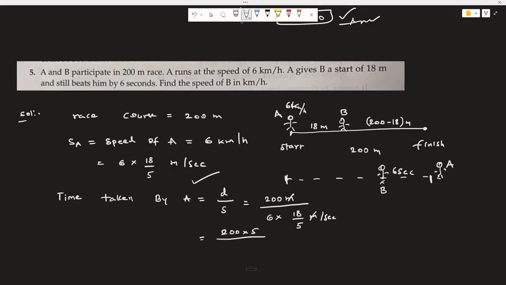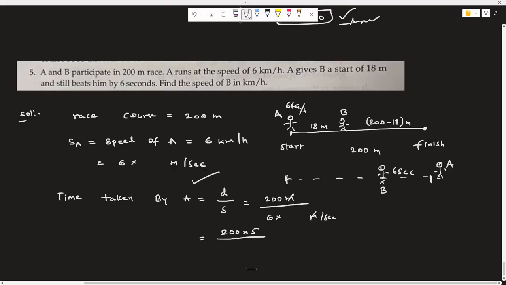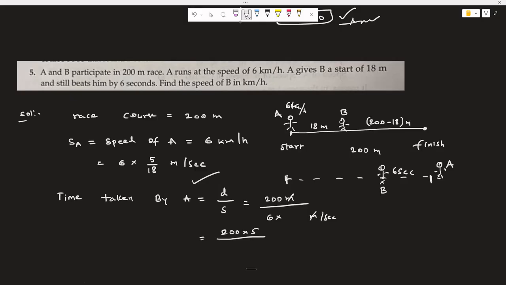Oh, we made a mistake here. Sorry. Actually, here we need to multiply by 5 by 18. We are converting the measurement into a lower unit, so the lower number must be in the numerator. Please change it: 5 by 18.